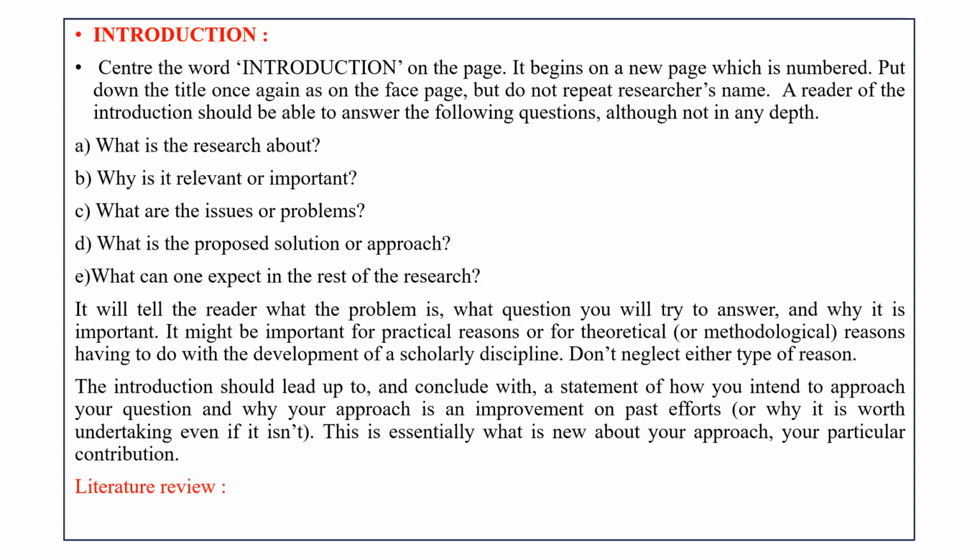You are not writing a textbook. In a textbook, you can start from the history of that particular topic, but in a literature review it is not needed. So only include information which is directly related to your topic.